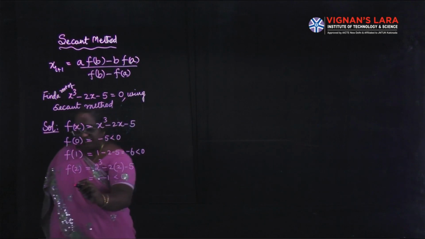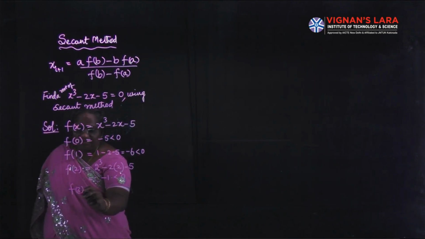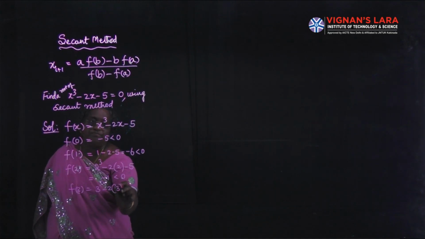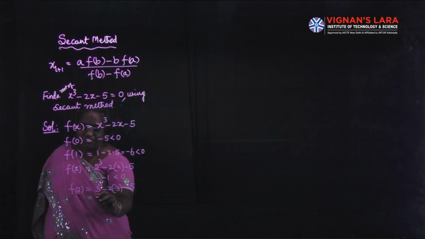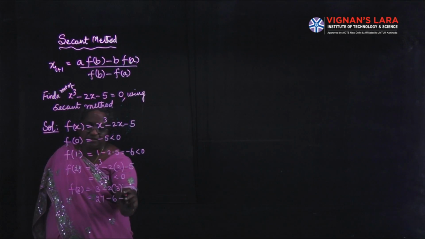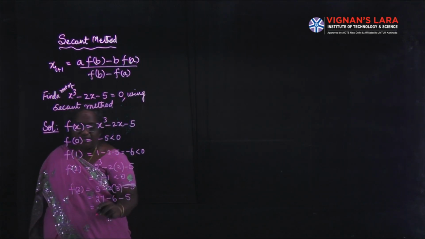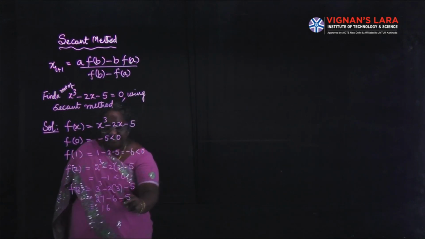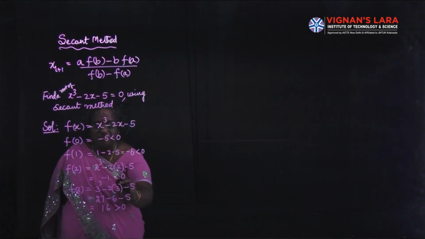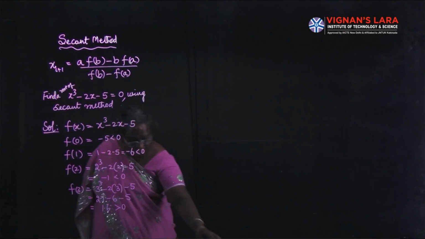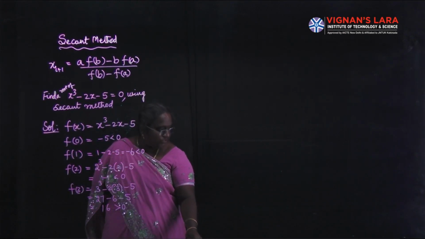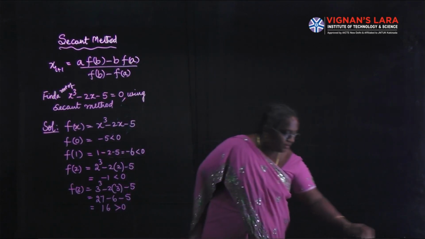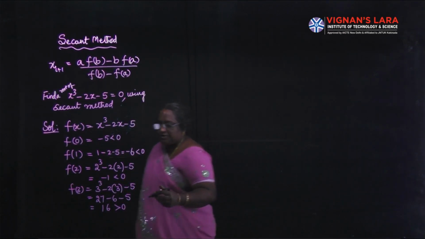Next we go for f of 3. f of 3 is equal to 3 cube minus 2 into 3 minus 5, so it is 27 minus 6 minus 5, which is 27 minus 11 is 16. So it is greater than 0. Here it is less than 0, here it is greater than 0. So the root is between 2 and 3.